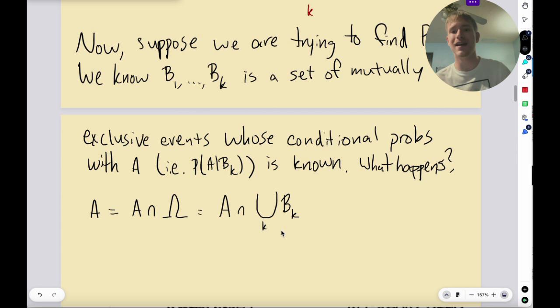We're assuming that it's a set of all mutually exclusive events, and those are all the ways that B can occur. So if you union all of those different partitions, then you get the universal set. So you're splitting the universal set up into B sub 1, B sub 2, etc., all the way up to B sub k. And then just like before, this intersection is going to distribute. So this is still a union, but this time it's A intersect B sub k.